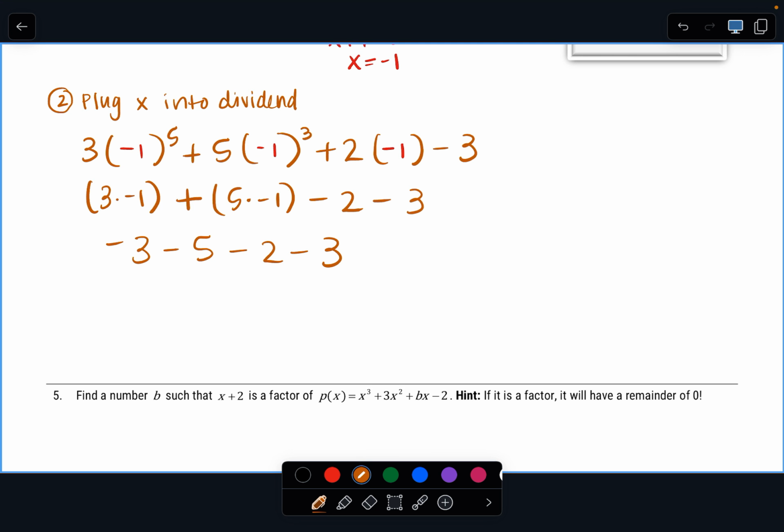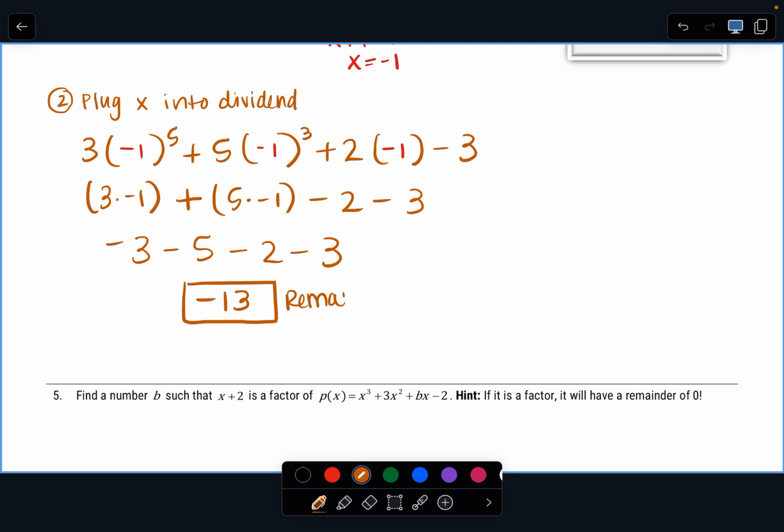Now, if I have all negatives, am I going to end with a positive number or a negative number? A negative. Personally, I add them all up, and I just remember that it has to be negative. So what's 3 plus 5? 8. What's 8 plus 2? 10. What's 10 plus 3? 13. So my remainder is negative 13.